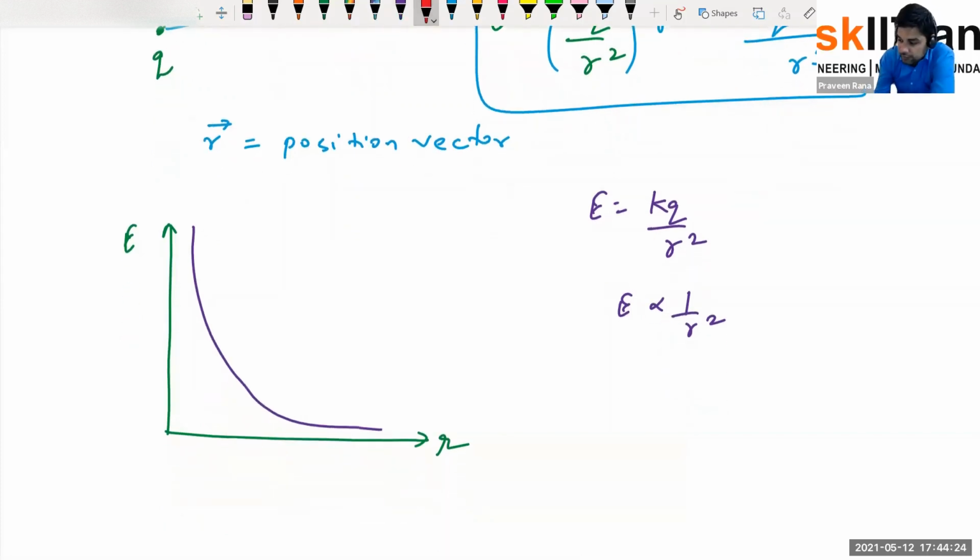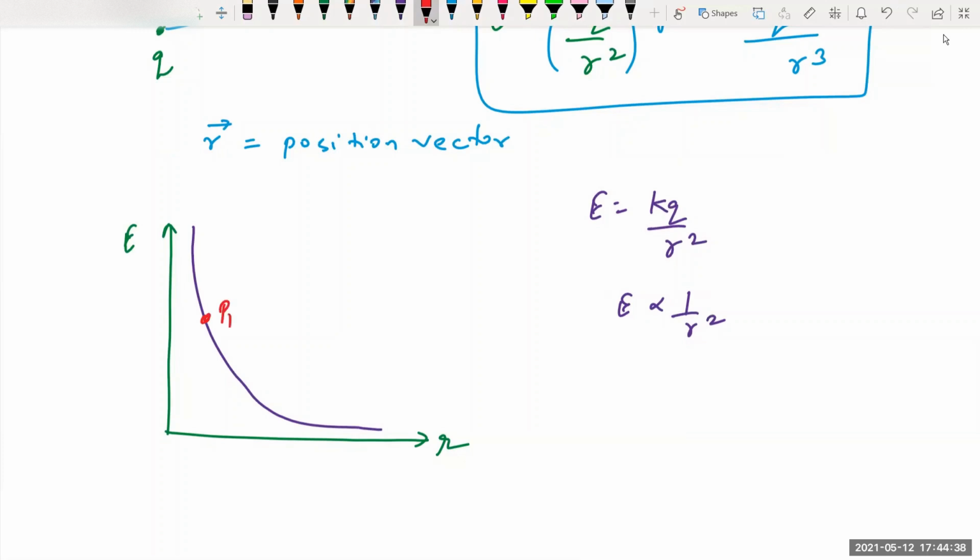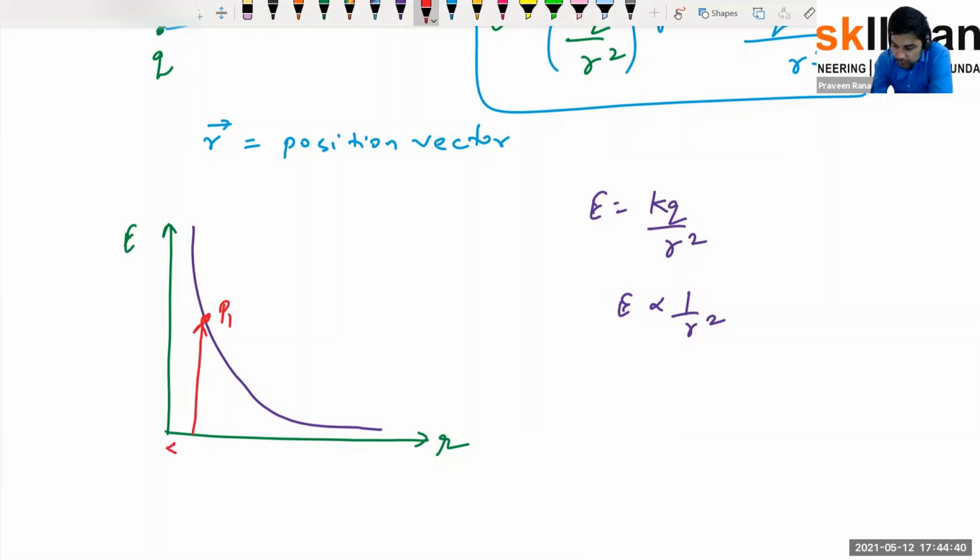You can see that on this graph, if I increase the distance in this direction, in the red light direction, the distance increases. So electric field is decreasing. Like I have chosen a point P1 here. So the distance is low, you can see this distance is very much low, so the electric field is very much high.